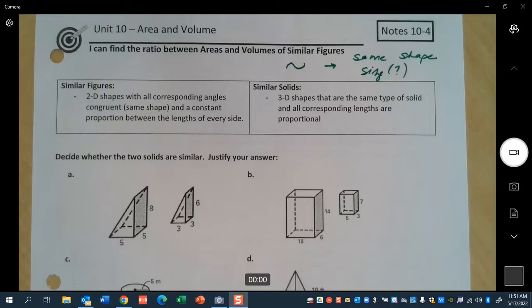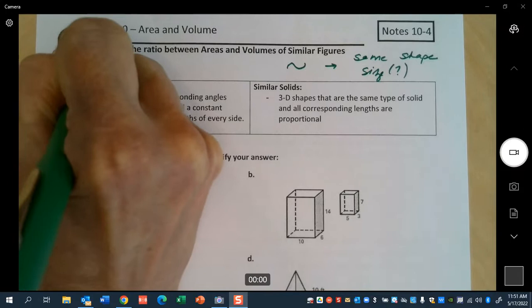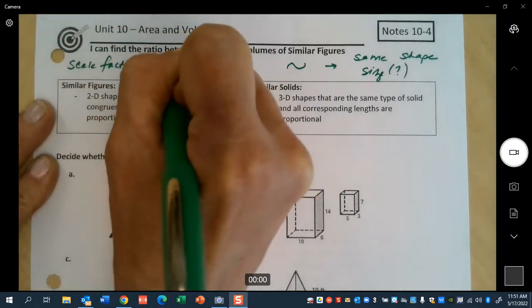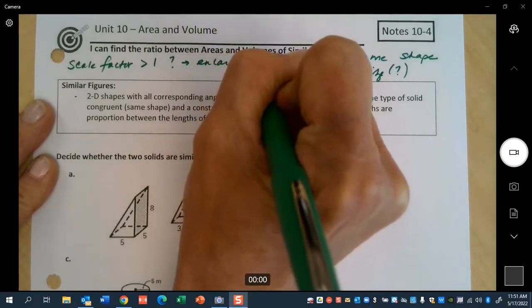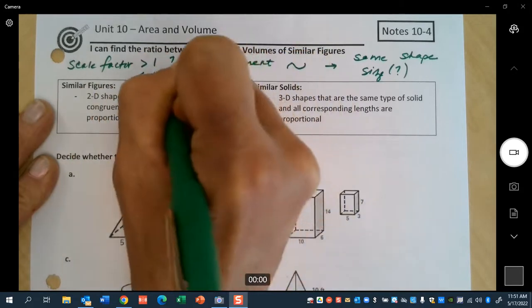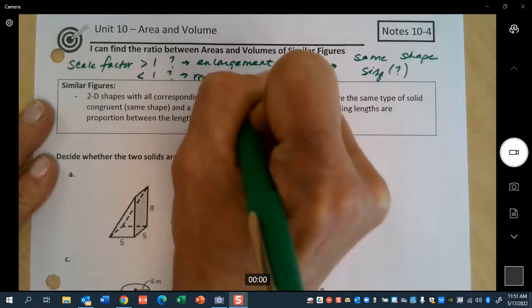If your scale factor, just as a reminder, is greater than 1, that's when you end up with an enlargement. And if your scale factor is less than 1, that's when you end up with a reduction.